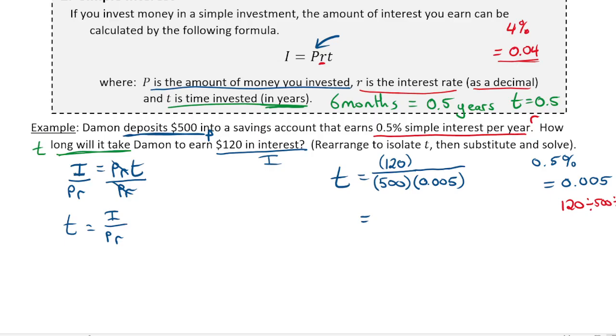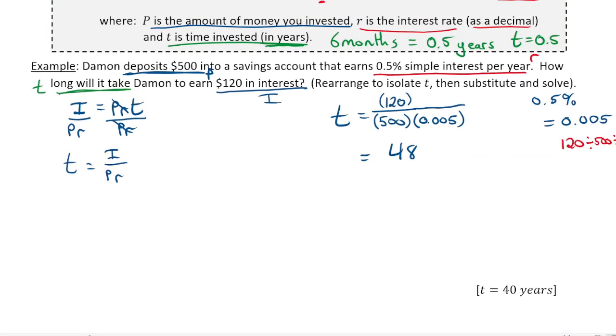So 120 divided by 500 divided by 0.005 gives me 48. So what does 48 mean? How did I get 48? No, 48 is right.